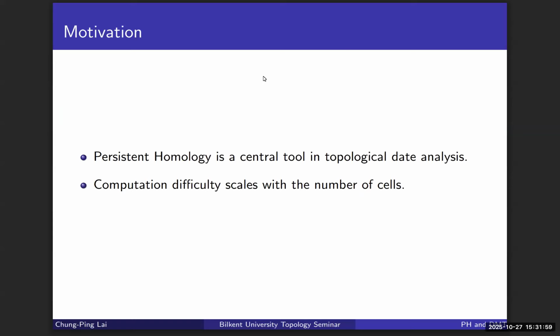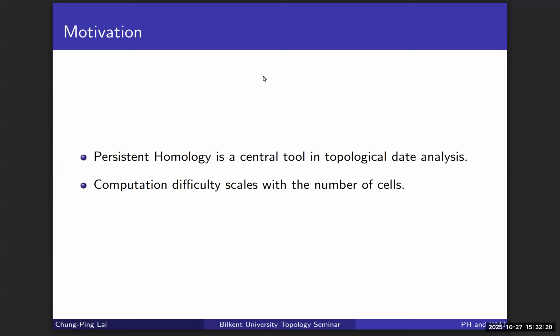So persistent homology is a central tool in topological data analysis. As a basic idea, the computation difficulty scales with the number of cells.